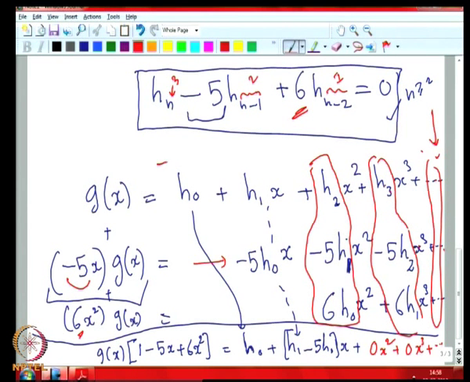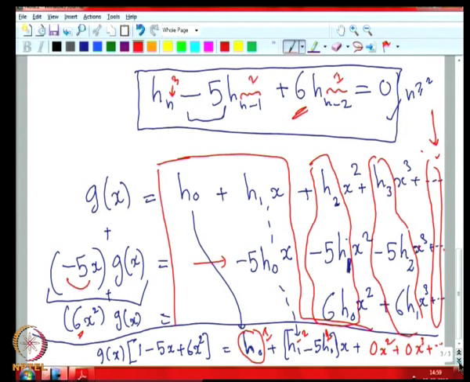So in this sum only this portion will contribute, as you can see, that is h0 plus h1 minus 5h0 times x. And luckily we know the values of h0 and h1. h0 is 1, and h1 was minus 2. So you have to put minus 2 for this, and this is 1, right, h0 is 1. So that is minus 7.